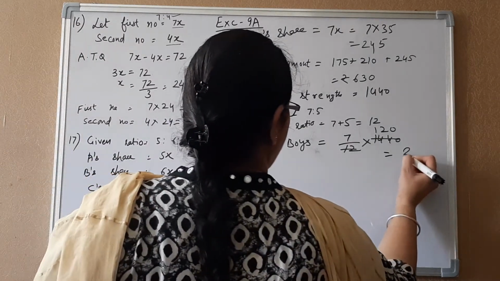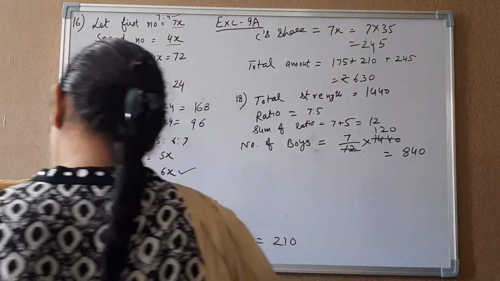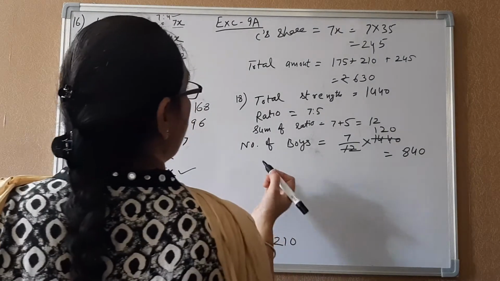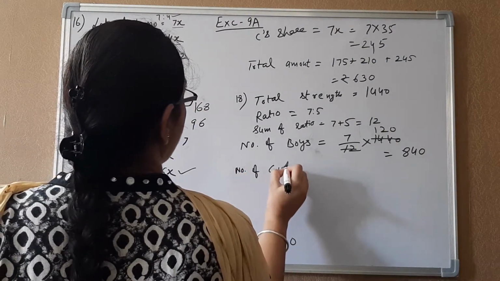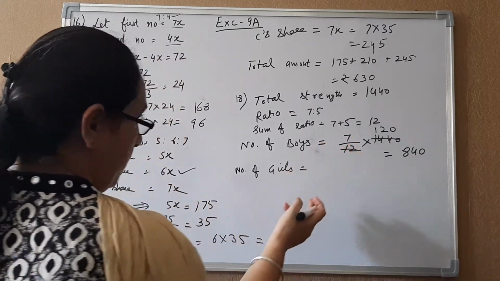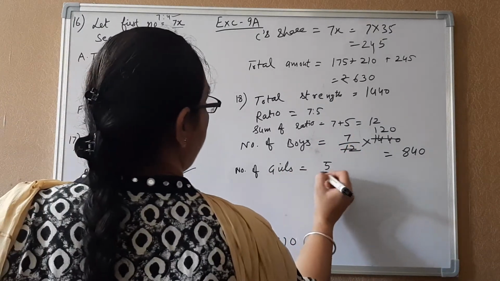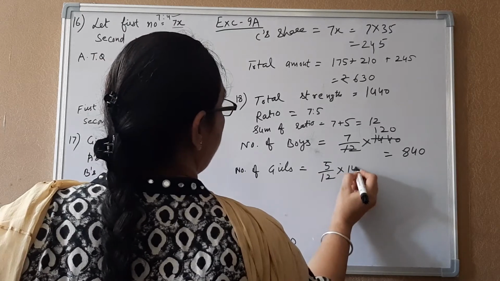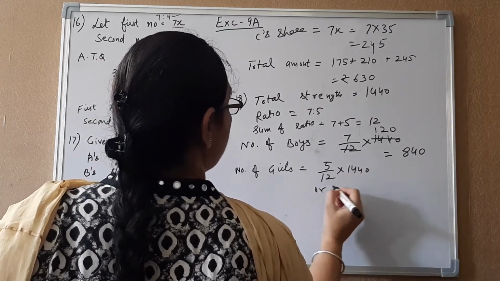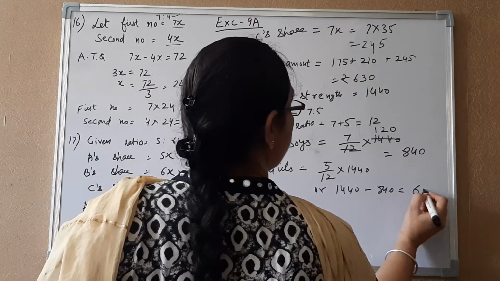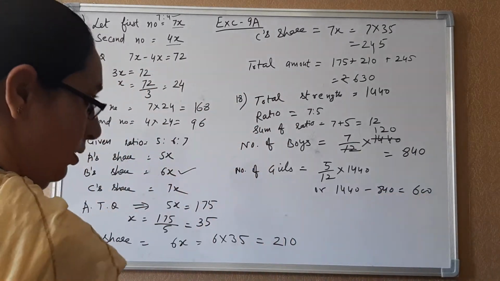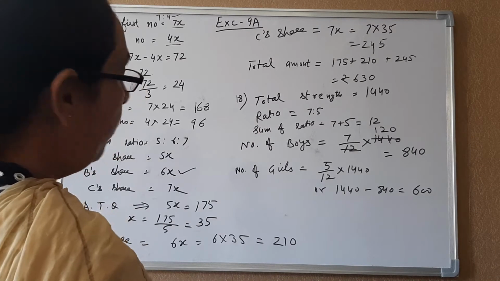So 840 is the number of boys. Then what would be the number of girls? You can find it by 5 by 12 into 1440, or 1440 minus 840, which is 600. You can directly find it also as total strength minus the number of boys.